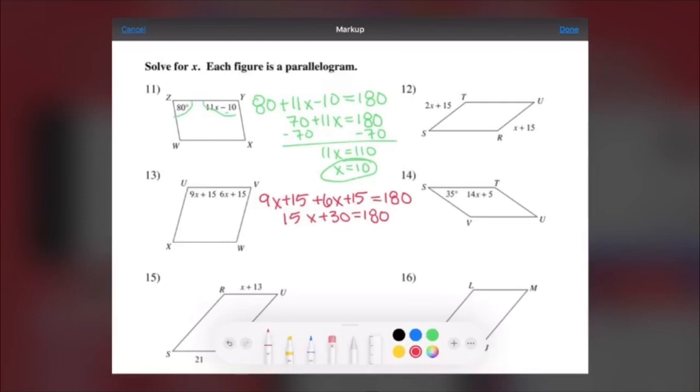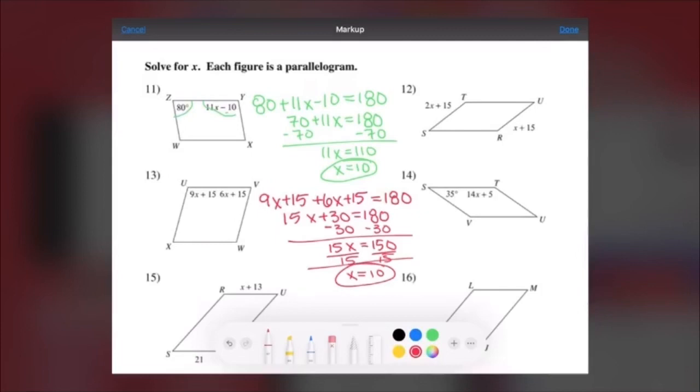So subtract 30 from both sides. 15x is equal to 150. Divide by 15. X is equal to 10. Okay?